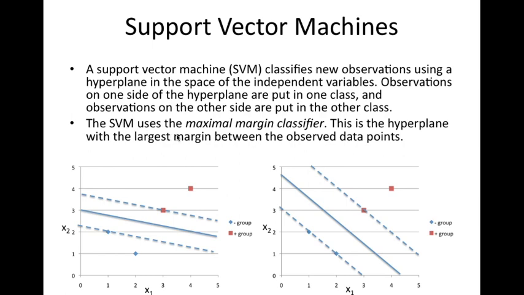The support vector machine, this is the hard margin case, uses the maximal margin classifier. So it just picks the hyperplane with the largest margin between the observed data points. So this would be a worse classifier. It's closer to some of the training data. So if you get a new point right here, it's above the hyperplane.